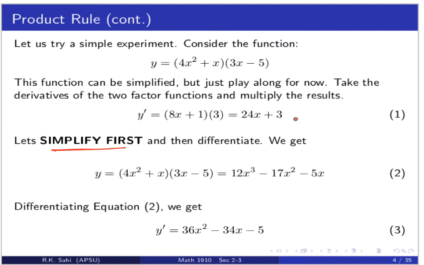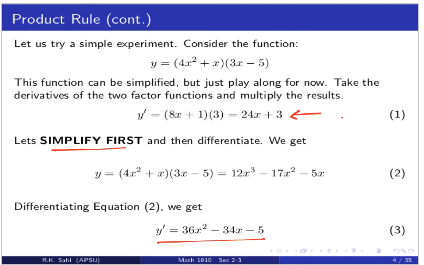Notice, this was our natural instinct, the way we normally learned, but when we literally simplified it, we got this expression. Clearly, equation 1 and equation 3 are not the same. So that tells us that the product rule by which we were just applying the things we have learned is not the right one.